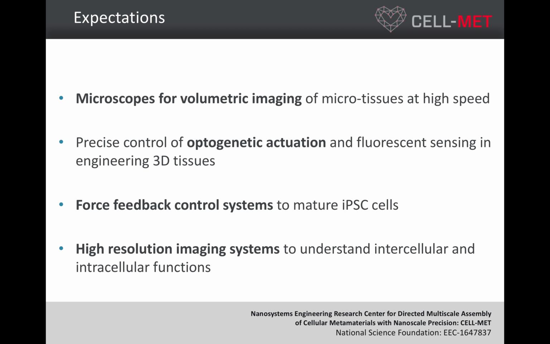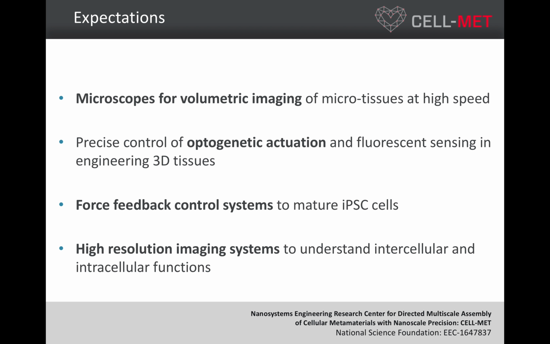So these can all be controlled by external forces. Overall, we want to build imaging systems with high resolution to help us better understand what is really going on at the intercellular or intracellular level of heart tissue.